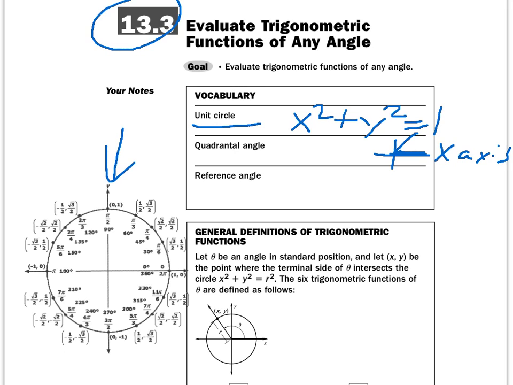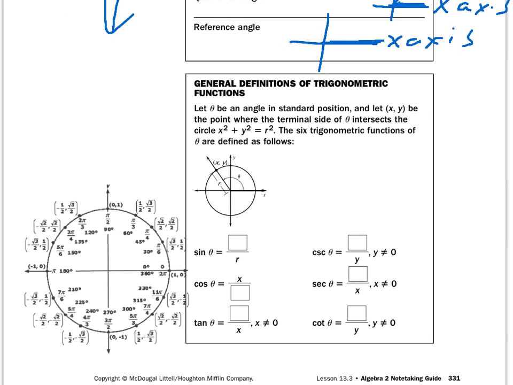And a reference angle is the amount of degrees that it is as long as it's back here on the x-axis. So we'll talk more about that in just a minute. Let's take a look at these things here.